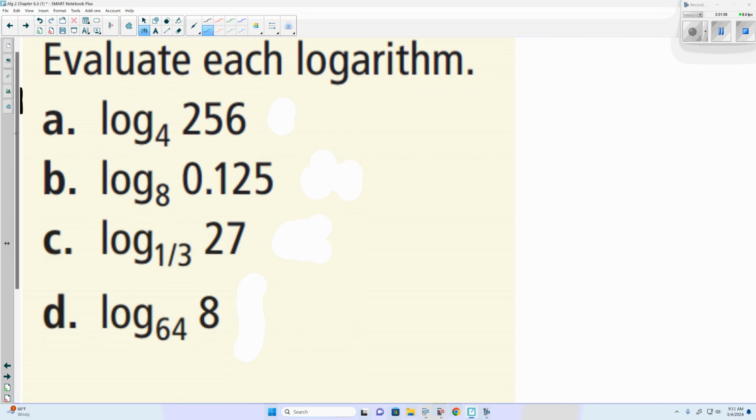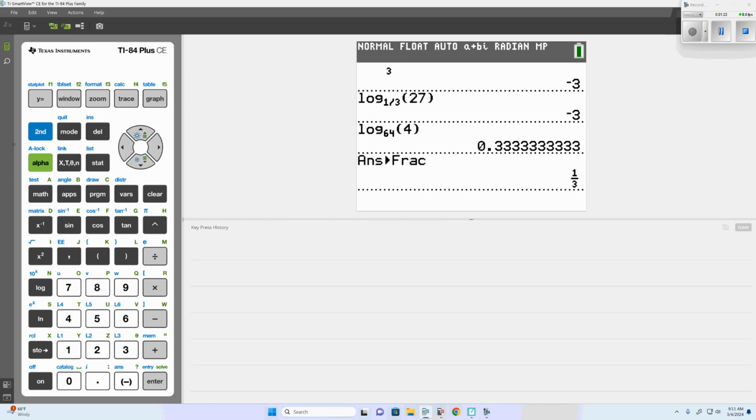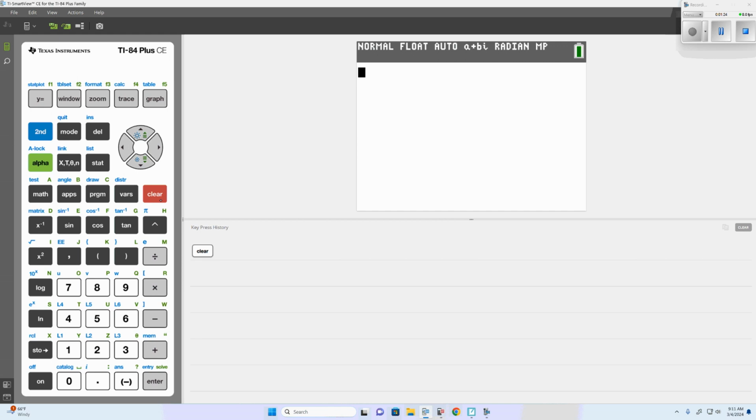Now, when we look at these next set of 4, log base 4 of 256. Everything's all contained, yes? So if you don't have a graphing calculator, I might go on and grab one, because it might be helpful for this here.